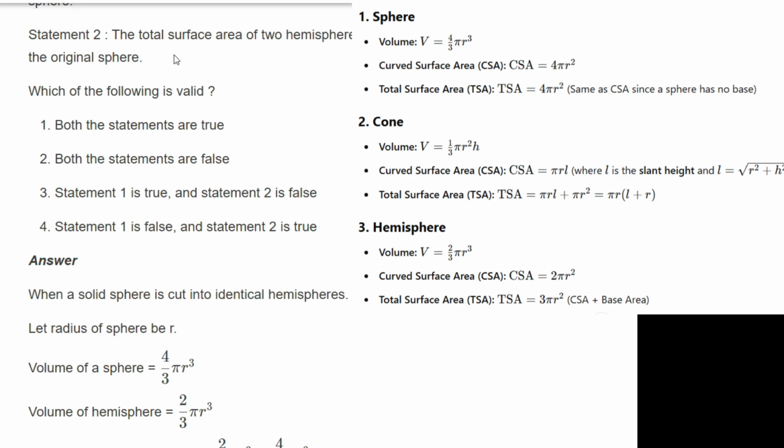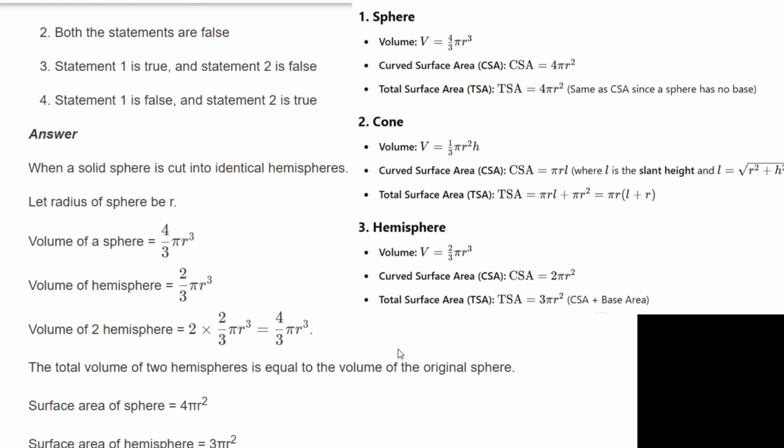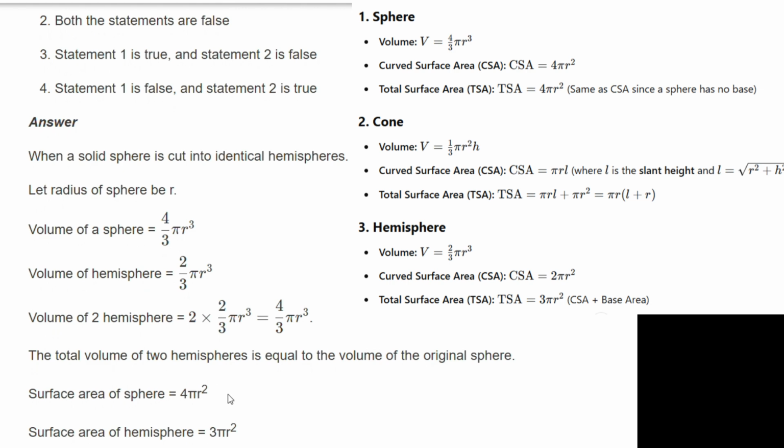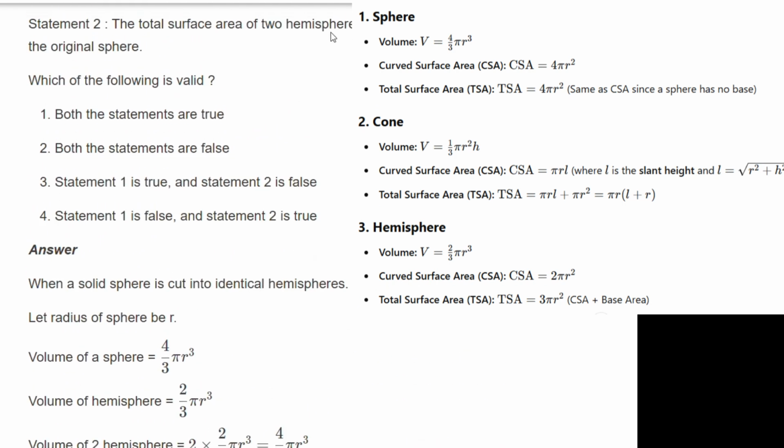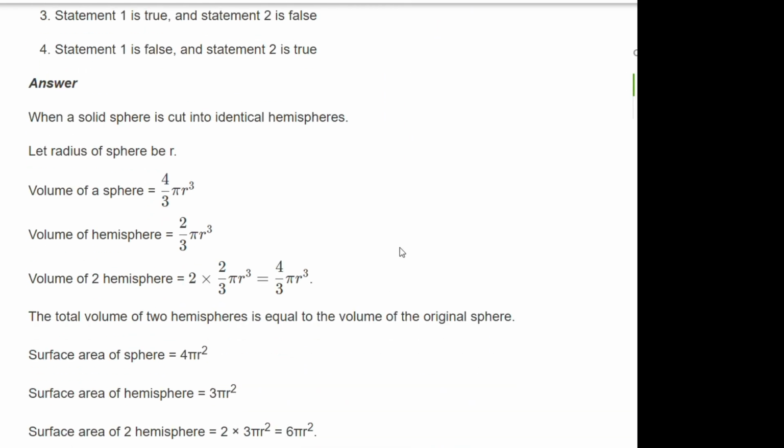Now the second one: the total surface area of two hemispheres together is equal to the surface area of the original sphere. What is the formula for the surface area of the sphere? It is 4 pi r square. The surface area of a hemisphere is 3 pi r square, so the surface area of two hemispheres is 2 times 3 pi r square, that is 6 pi r square.